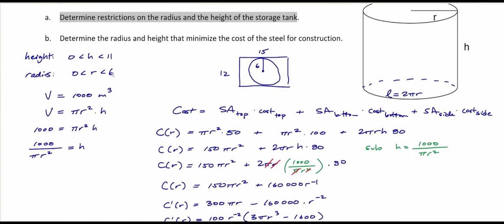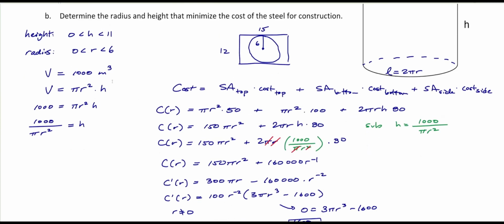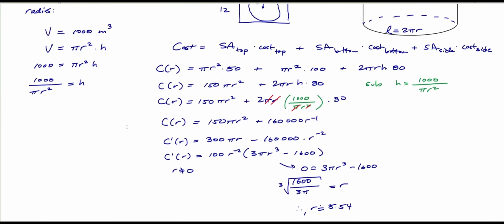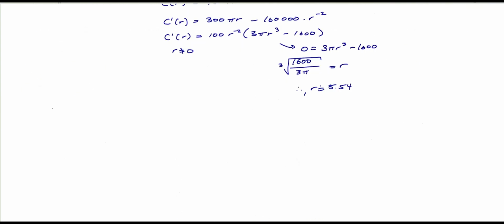So now I'm going to look at the extreme of 6, and I'm also going to look at 5.54. So let's look at those extremes. In C, I'm looking at the cost if my radius was 6.